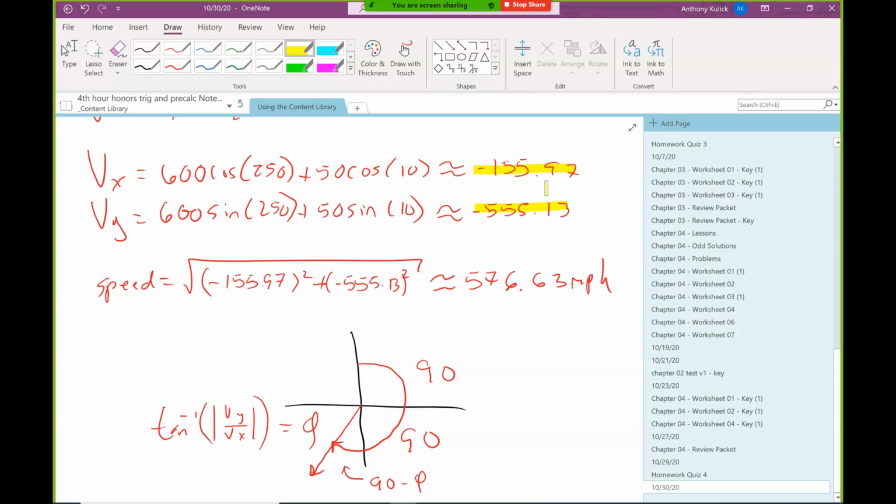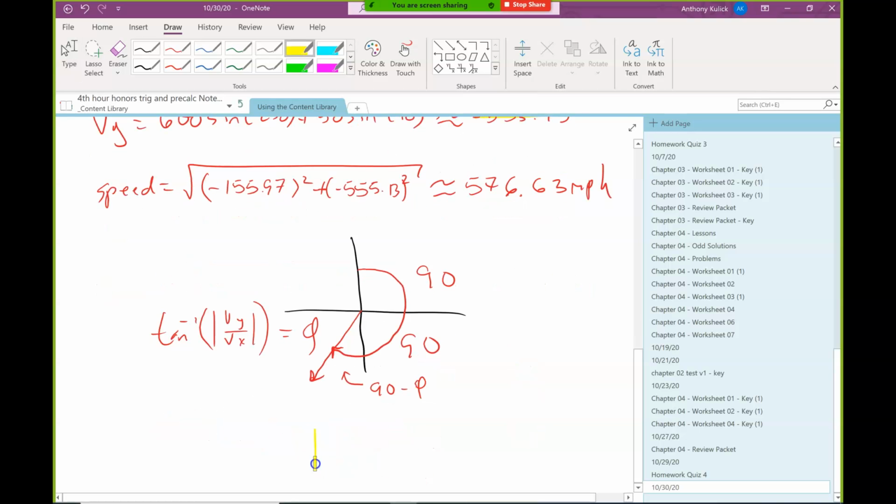All right. So I do that, and I get 195 for my bearing.